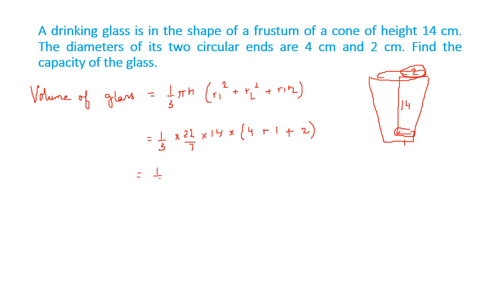So we get 1 by 3 into 22 by 7 into 14 into 4 plus 2 is 6, plus 1 is 7. So 7 and 7 get cut and we have 14 into 22 divided by 3. It's approximately 102.67 centimeter cube. This is approximately the volume of the glass.